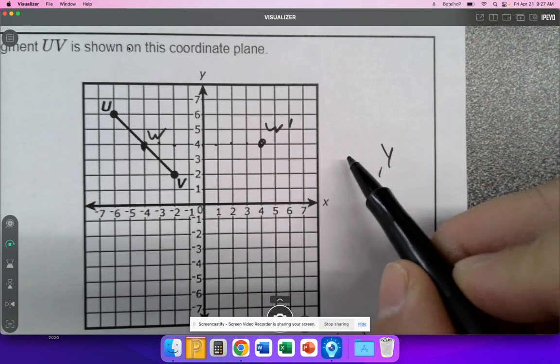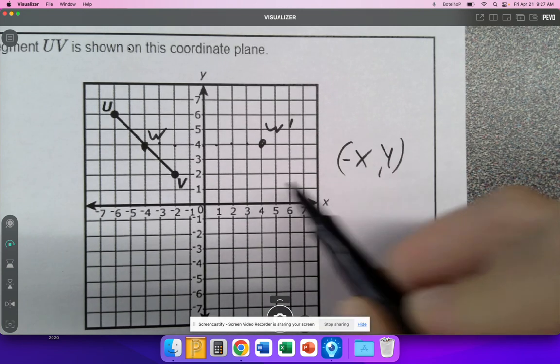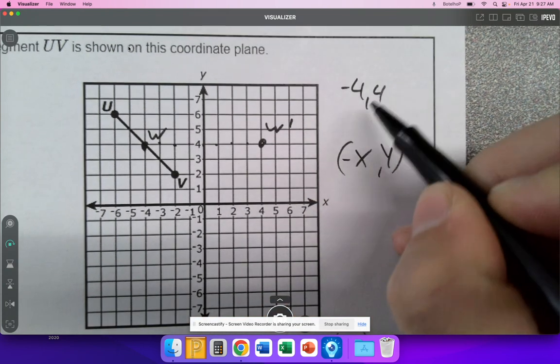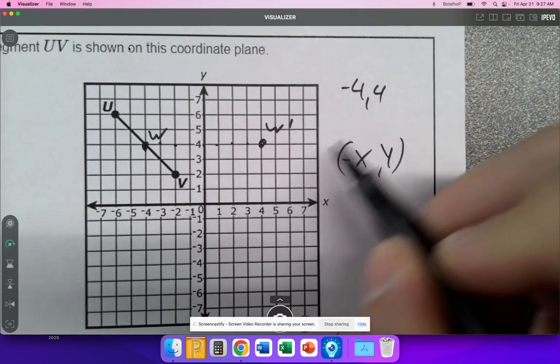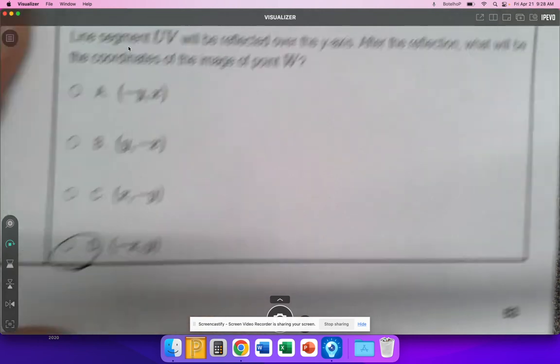But now x does change, right? X does change because it went from being -4, 4 to 4, 4. So the correct answer is actually D. Great.